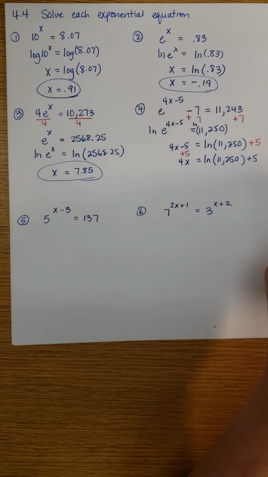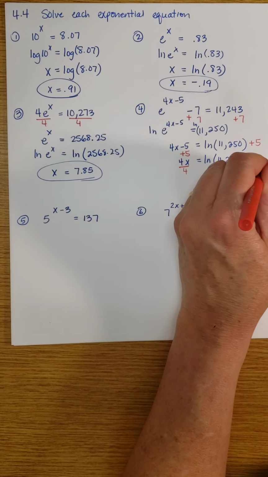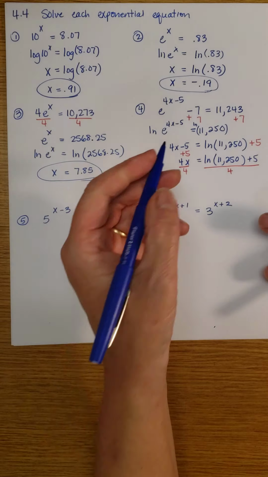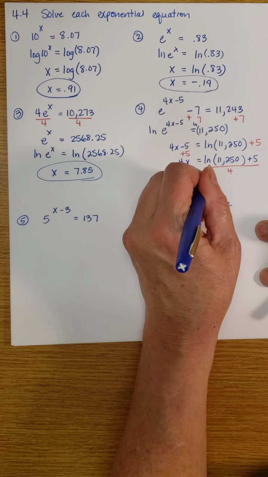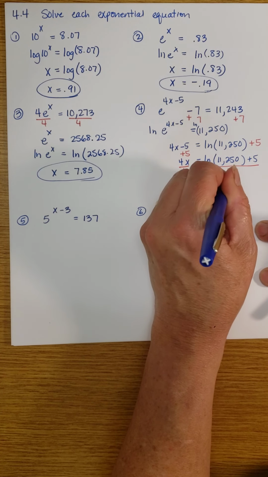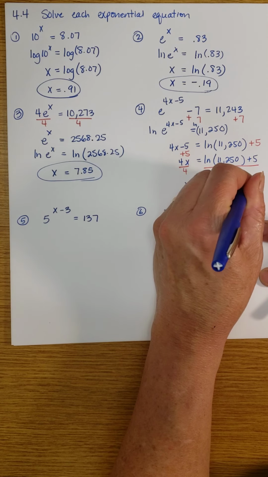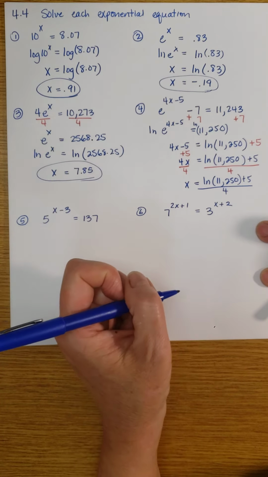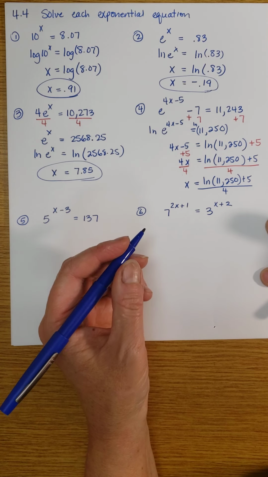And I'm going to divide both sides by 4. And I get that x equals the natural log of 11,250 plus 5 divided by 4. And that comes out to 3.58.